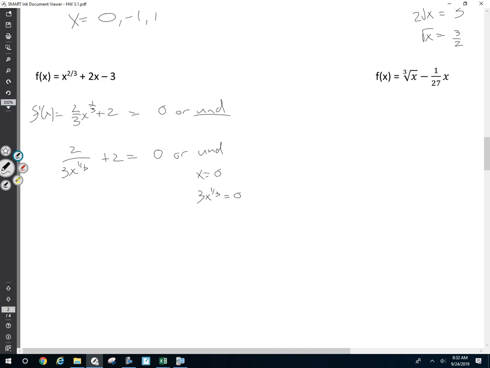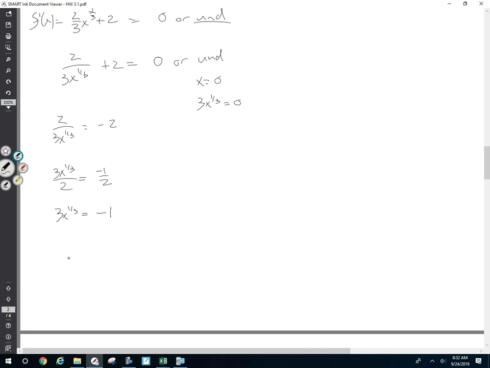Now the other one is when this equals 0. I'll solve this equation, subtract the 2, flip both sides if you want to. Multiply by 2, divide by 3. How do you get rid of the 1/3 power? We cube it, because 1/3 times 3 is 1. When I cube a negative, it retains its sign. This becomes -1/27. So that and 0 are our critical points.